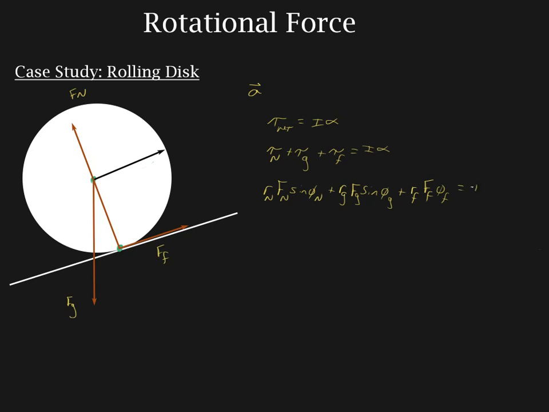And that's going to be equal to I alpha. So we're first going to use the center of mass as the axis of rotation.